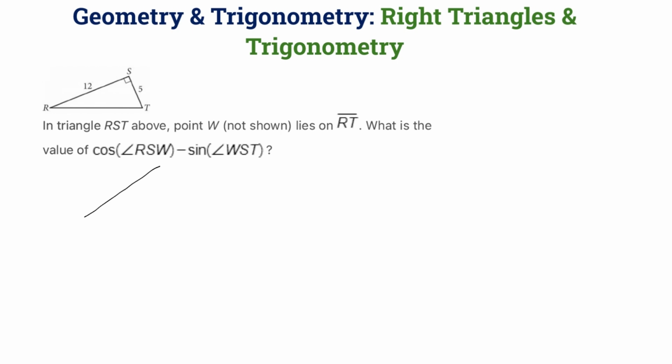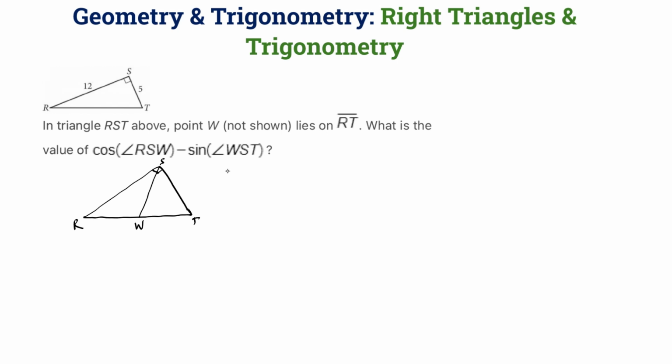And when we redraw it, we can also put W anywhere we want. And remember, this is not the only place to put W. It could be anywhere on the triangle. So we know that this angle, total angle S, is going to be 90 degrees.